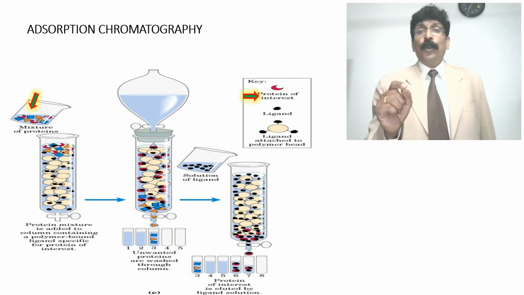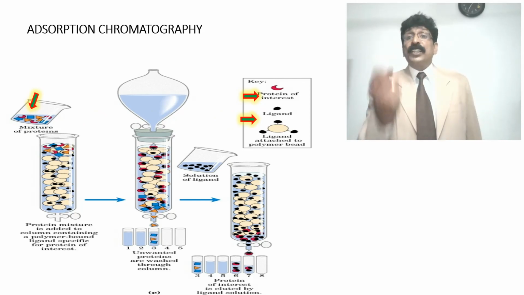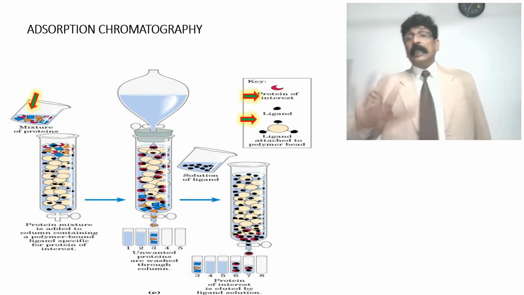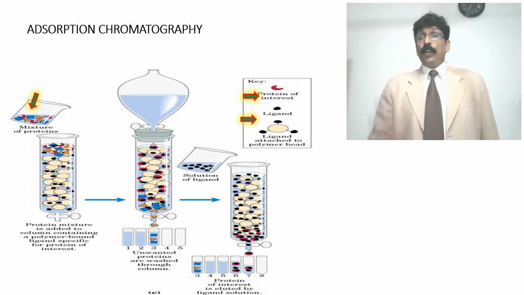So you need in this experiment a ligand. You can see a ligand which can only attract this red color protein, so that other proteins will not be attracted by this ligand. So they will be eluted first.